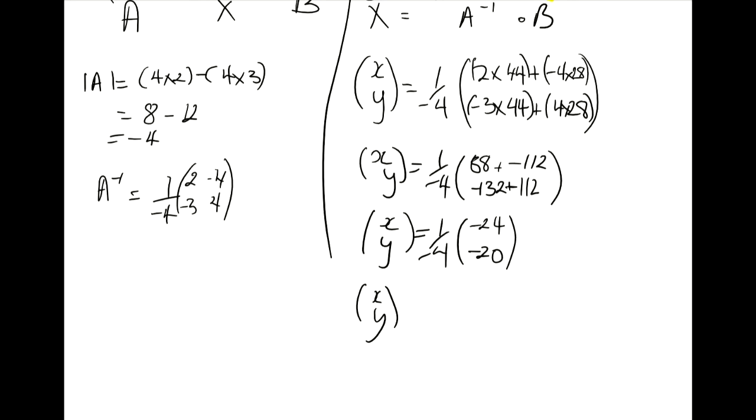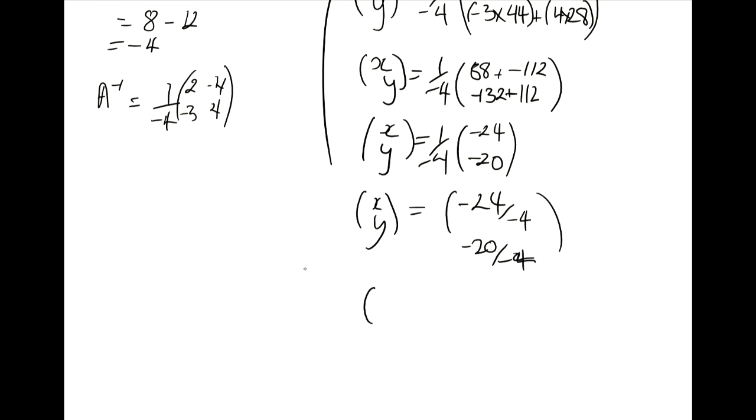So now we have this fraction on the outside, negative a quarter, and the short way of doing this is to divide what's on the inside by the denominator, which is negative 4, and you get x and y equal to 6 and 5. So therefore x is 6 and y is 5.